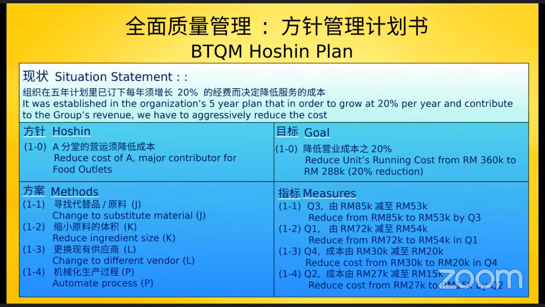In order to achieve this, then you have, in this case, selected 4 areas to work on. One is change to substitute material. Secondly is to reduce the ingredient size.